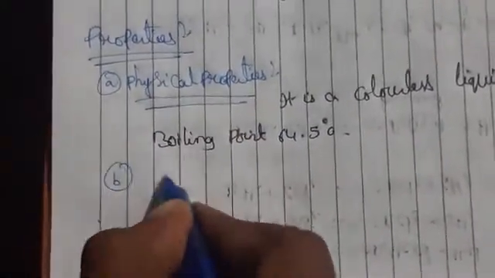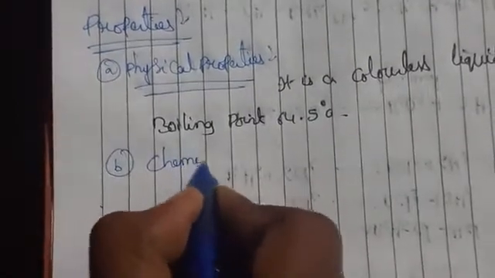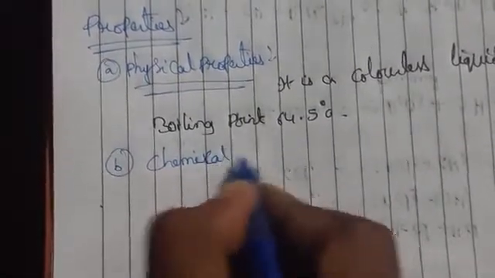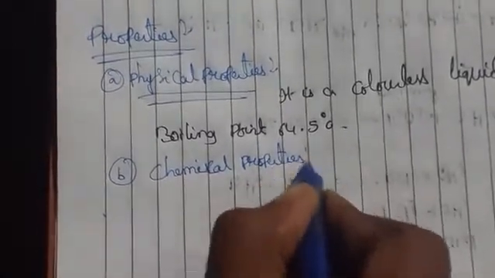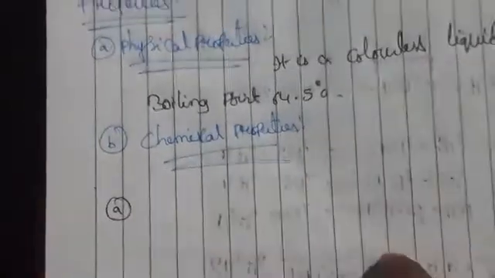And next we have chemical properties. Let us discuss chemical properties. Up to now we have prepared borazole.